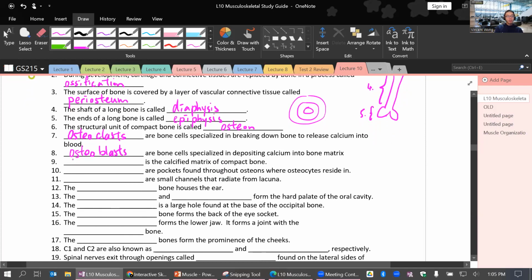The calcified matrix of compact bone is called a lamina. Pockets found throughout the osteons where the osteocytes are found are called the lacuna. Okay, so here, these are lacuna.